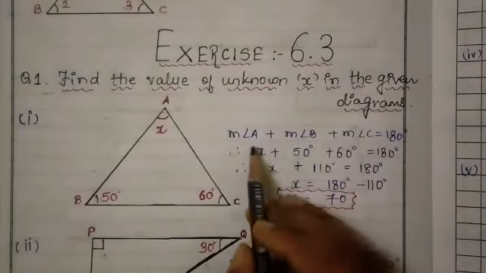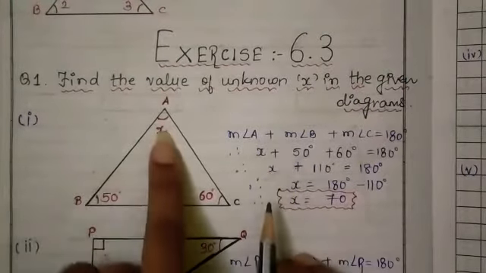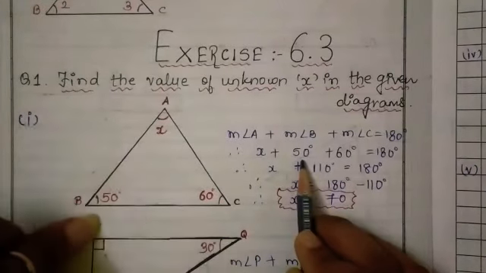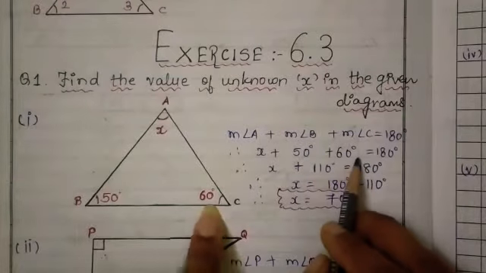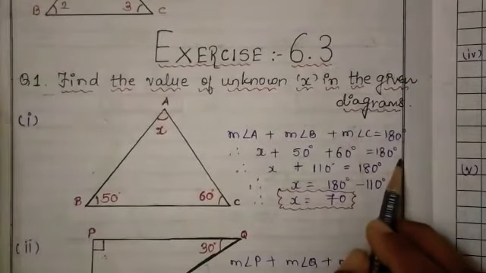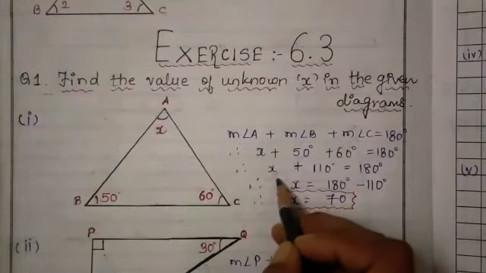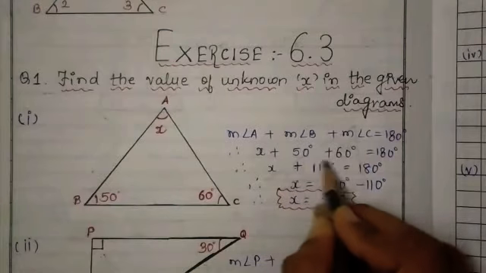Now in place of A we can write x, because value of A is given as x. Similarly in place of B we can write 50 because value of B is given 50. Similarly in place of C we can write 60. Equate this to 180. Now x will be carried forward as it is, since it carries no value. Now 50 plus 60, both the numbers can be added.